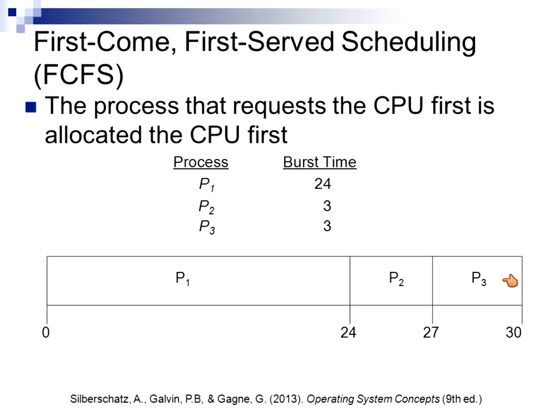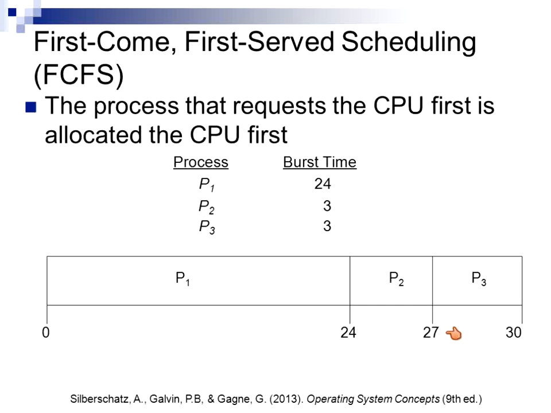So the average waiting time would be 0 milliseconds for process 1, plus 24 for process 2, plus 27 for process 3, which, if we add that up and divide by 3, would give us an average of 17. Okay, so 17 milliseconds was the average.